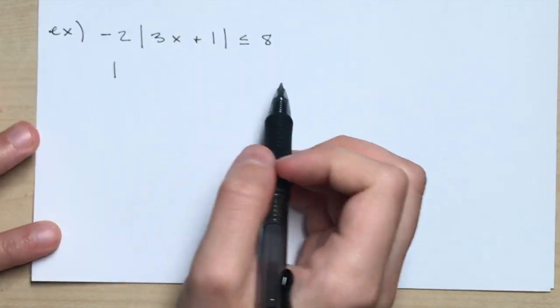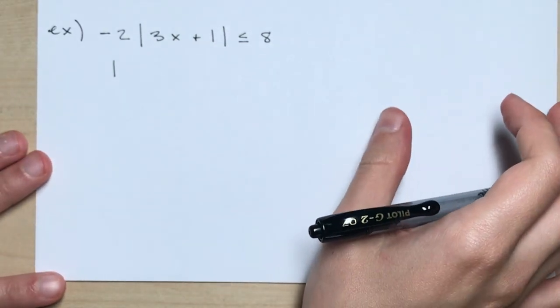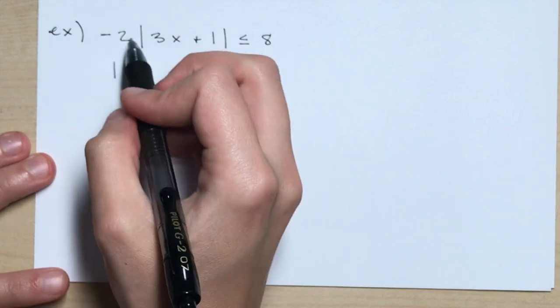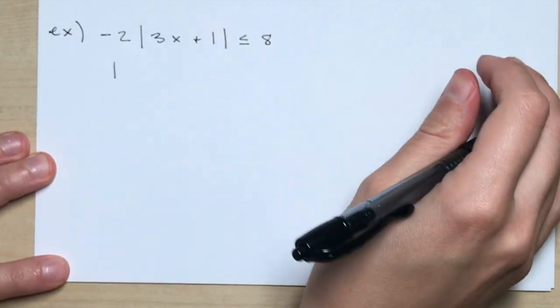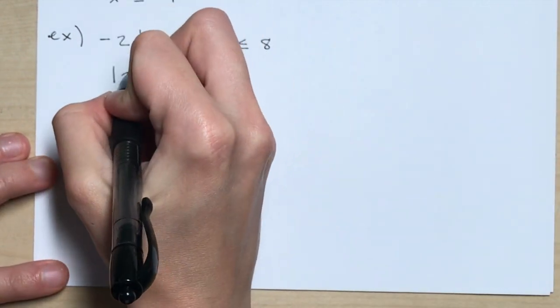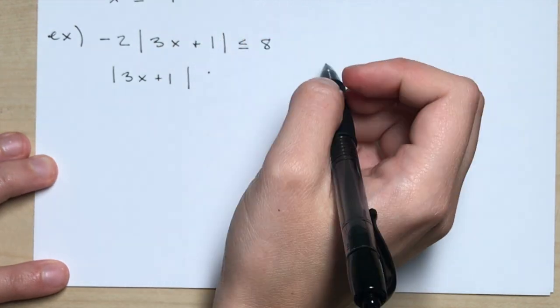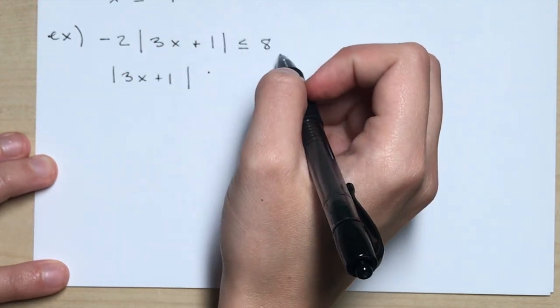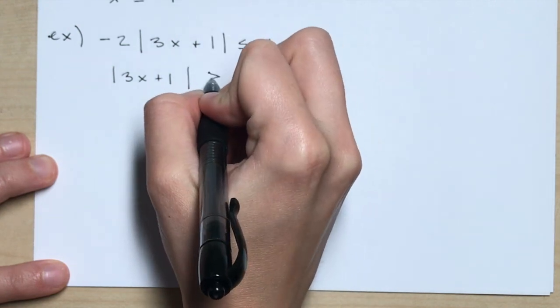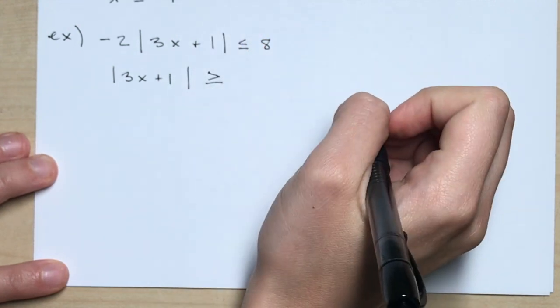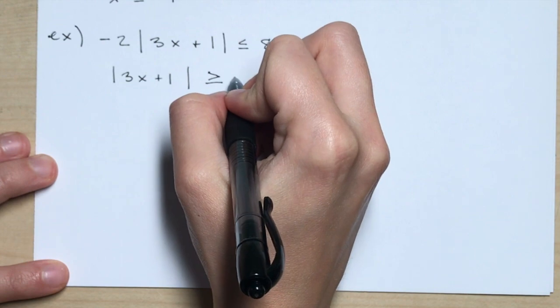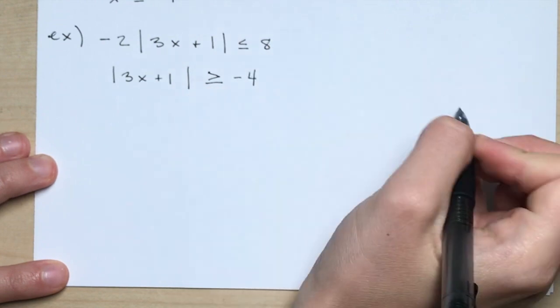I have to isolate the absolute value. So my first thing I should do is get rid of this coefficient. So I divide by negative 2. When I divide by negative 2, I have to flip the sign. And I have negative 4 over here.